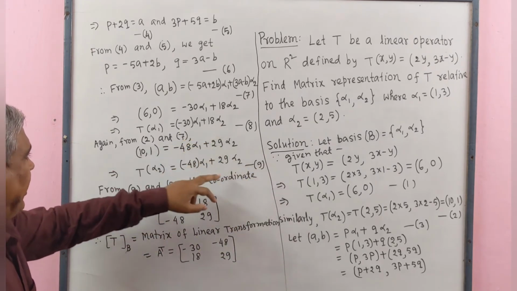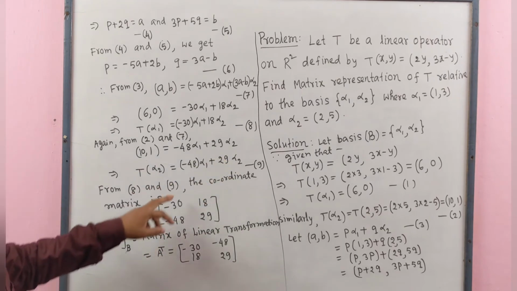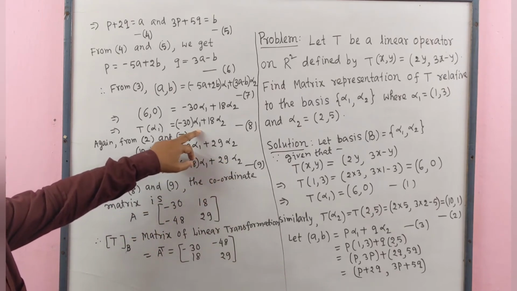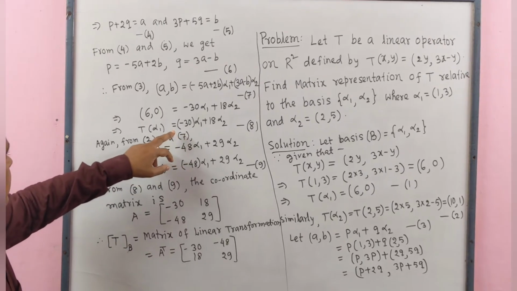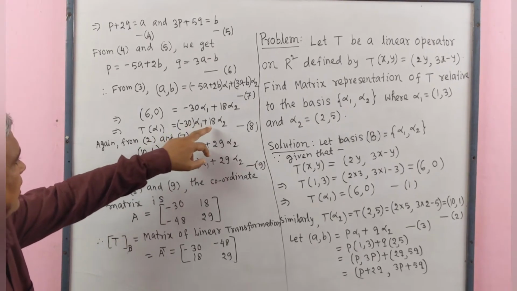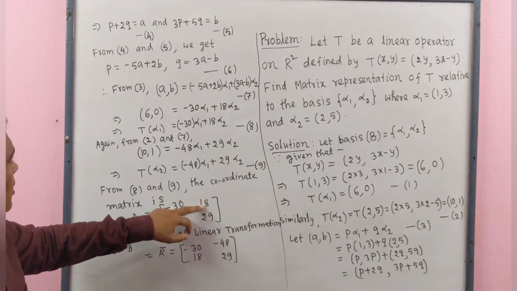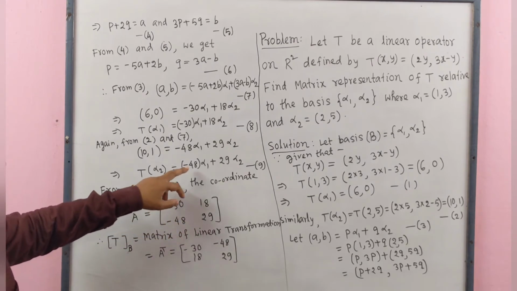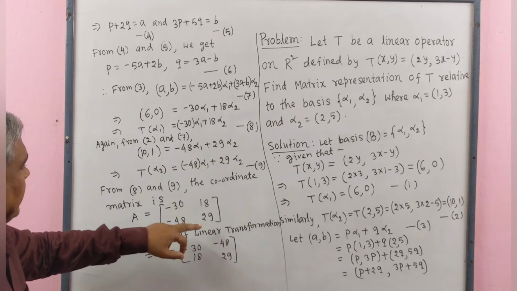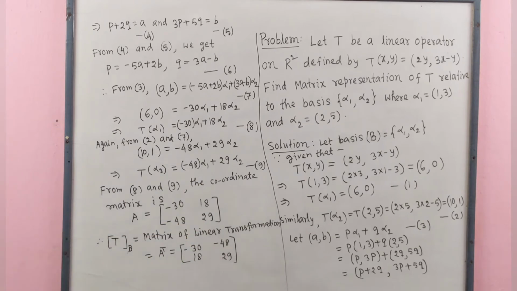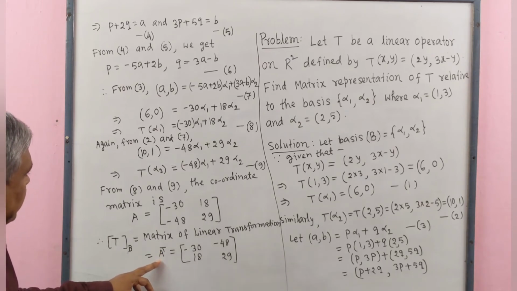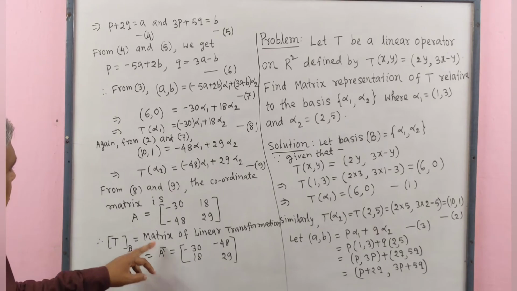From 8 and 9, the coordinate matrix is in the first row minus 30, 18, and in the second row minus 48, 29. Therefore, matrix of linear transformation with respect to basis B equal to transpose of A matrix.